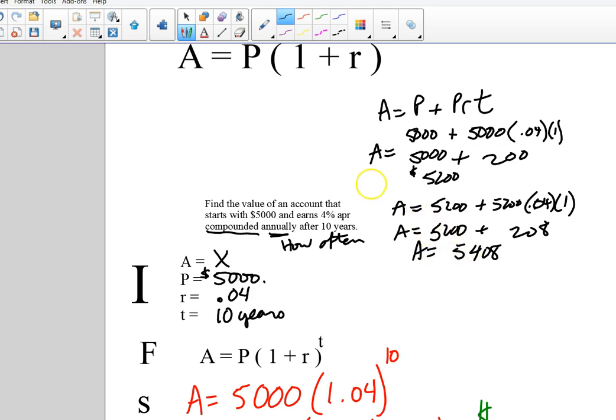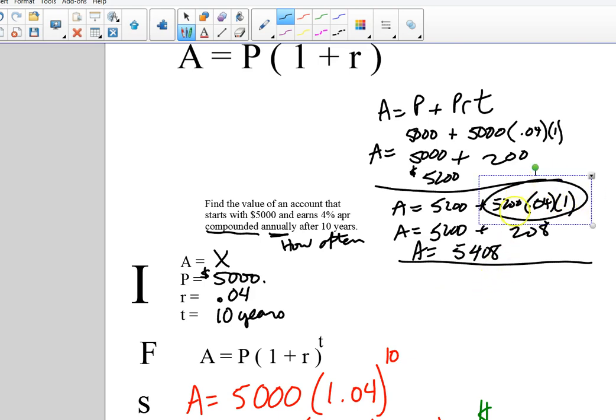So here's year 1, here's year 2, and year 3, if I did it again, what I'm really doing is multiplying the principal times the rate plus 1. If I take out the 5,200 as the principal, it's 1 plus R, right?